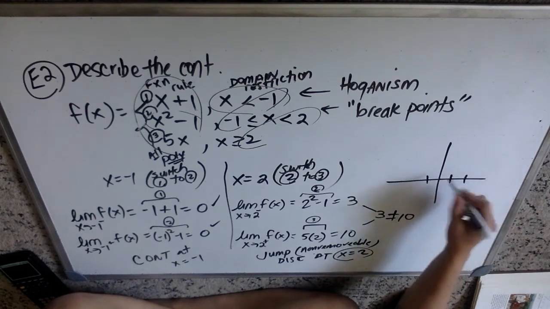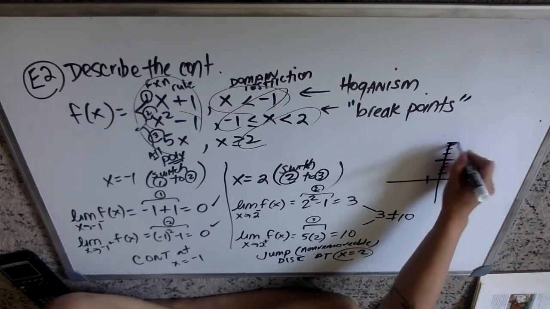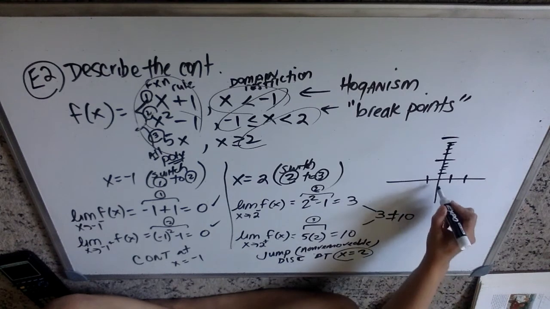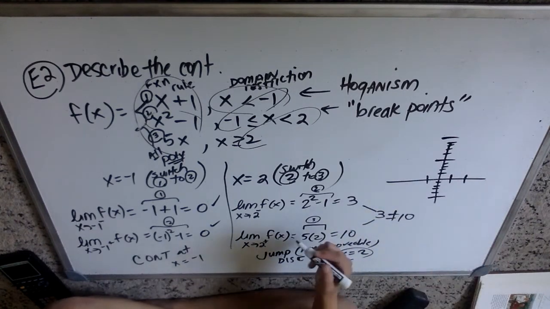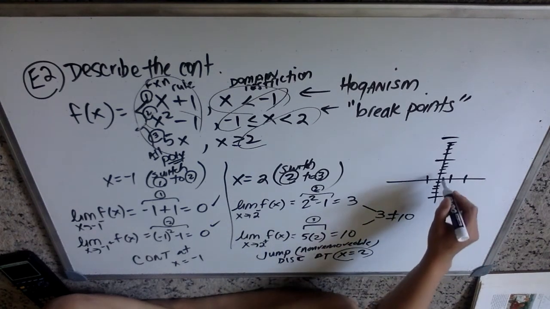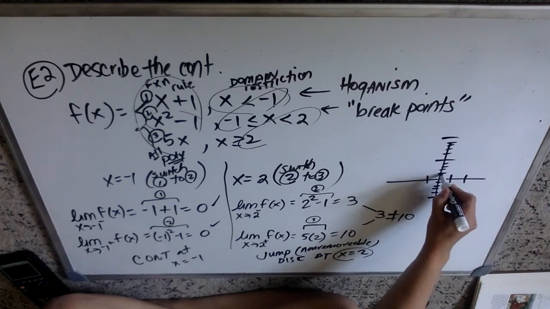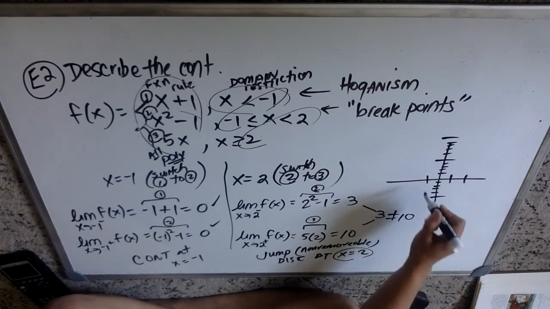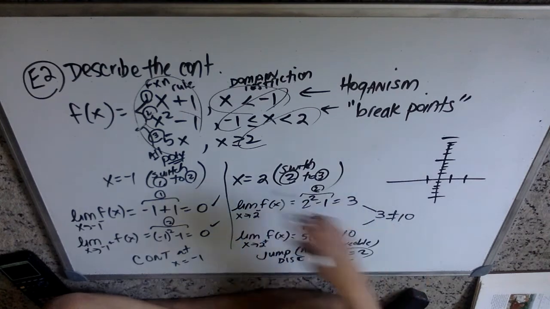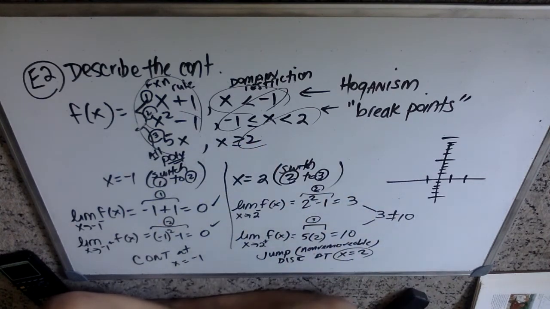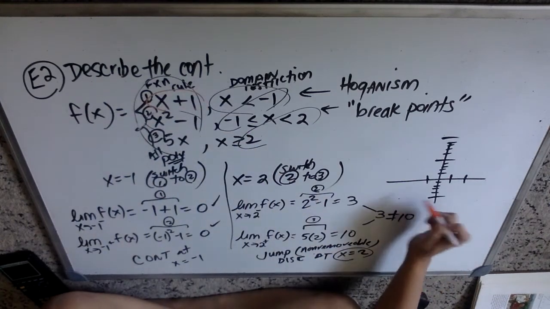-1, 1, 2, 3, 4, 5, 1, 2, 3, 4, 5. That'll do it. Okay. So what I know is I have a y value of up to -1, so we're here. Okay, so this first graph would look like this.